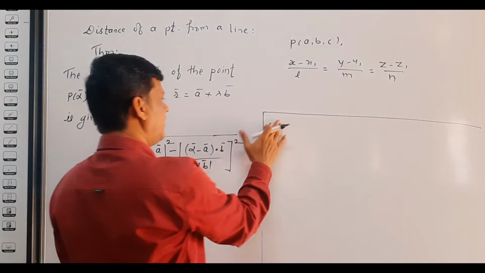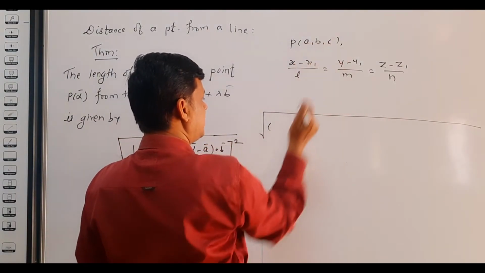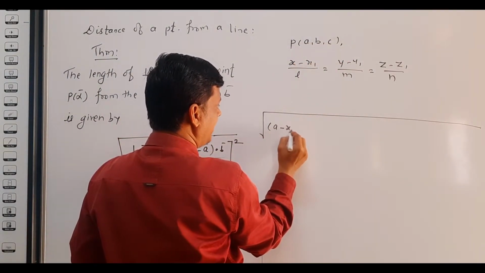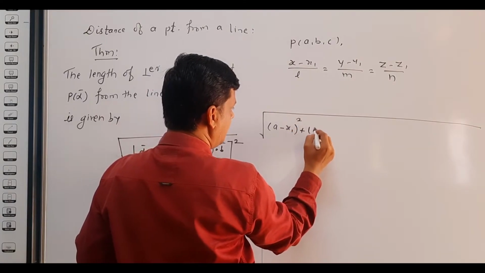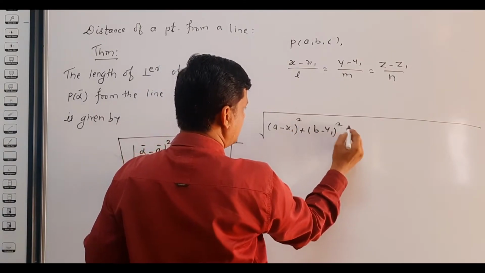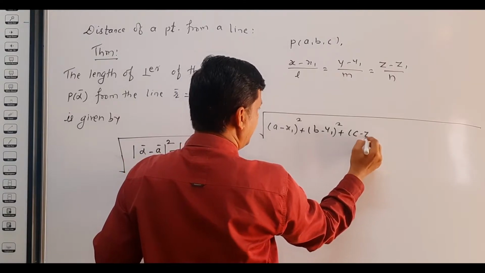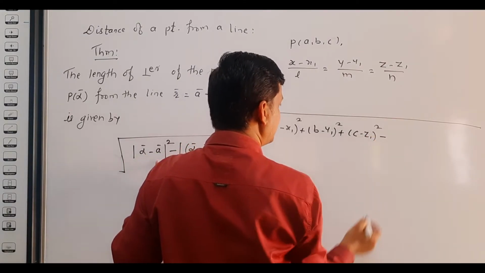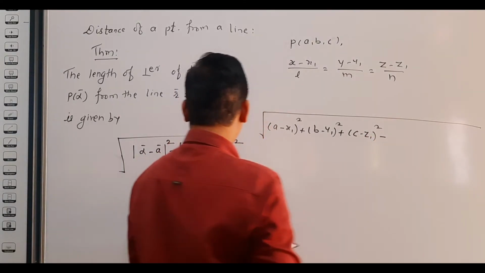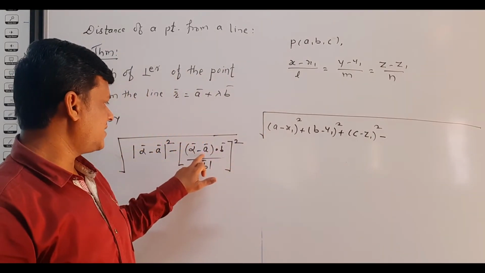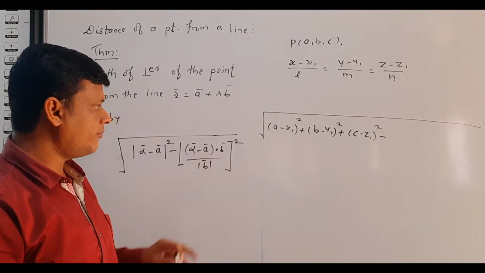So instead of alpha we have the values a, b, c, so we write (a minus x1) squared plus (b minus y1) squared plus (c minus z1) squared, minus, then alpha bar minus a bar dot b bar upon magnitude of b bar.